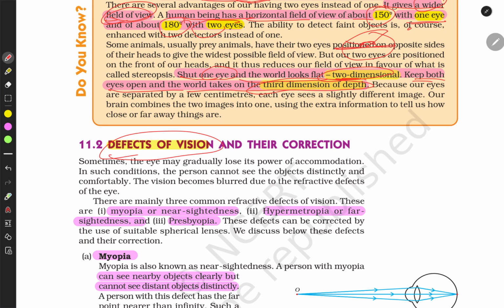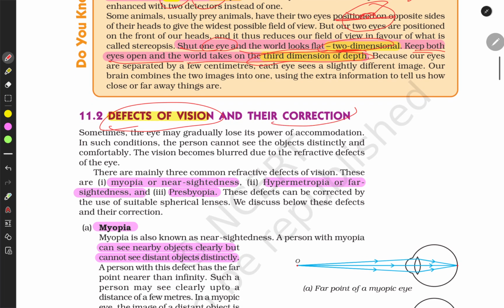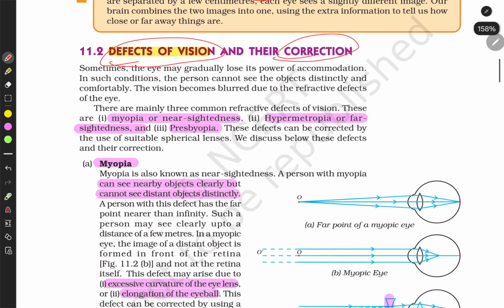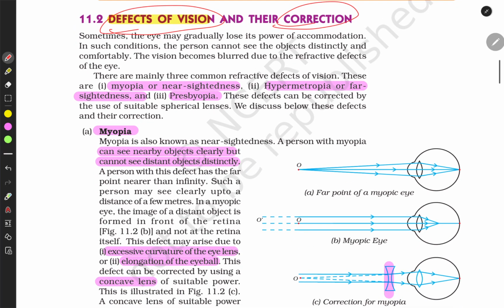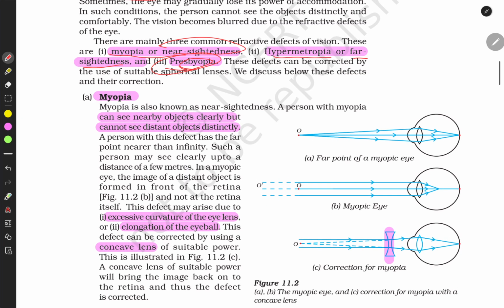Let's talk about the defects of vision and how these defects can be corrected. So we're going to study here majorly three defects, which are myopia, nearsightedness, hypermetropia, farsightedness, and presbyopia. So what is myopia? In myopia, we can see near objects clearly, but we cannot see distant objects which are very far.